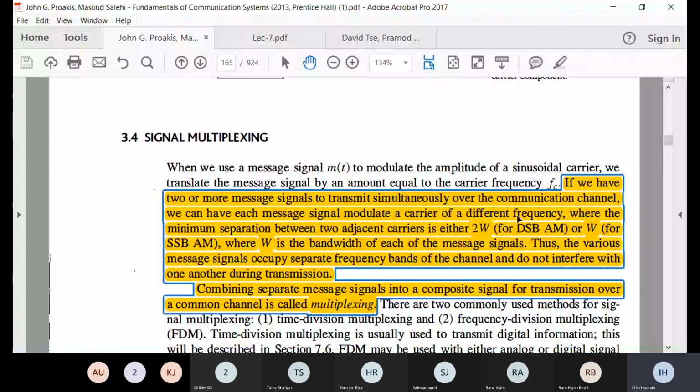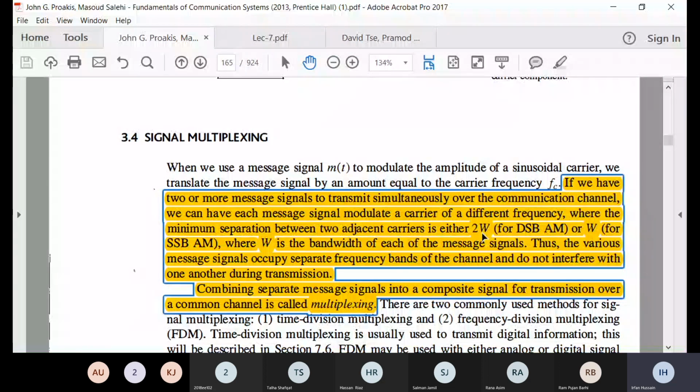If I am using double sideband amplitude modulation, I will make sure that those two carriers, which are for each different user, have a gap of 2W or more than 2W, so that their spectrums do not clash with one another. Because one carrier will have a spectrum of minus W and plus W around its FC.